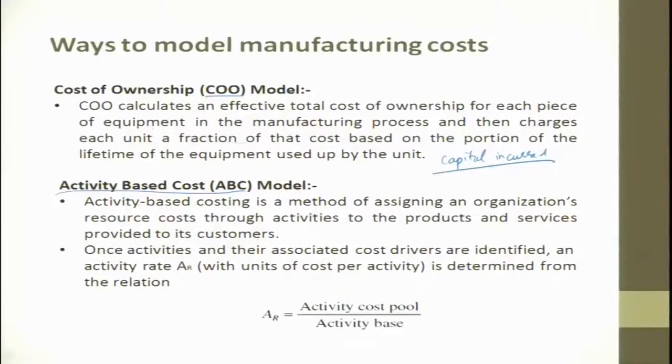So here it is only the products which are produced, and here the services are also done. Once the activity and its associated cost driver are identified, an activity rate (AR) is determined for the relationship. So AR is nothing but the activity cost pool divided by the activity base.